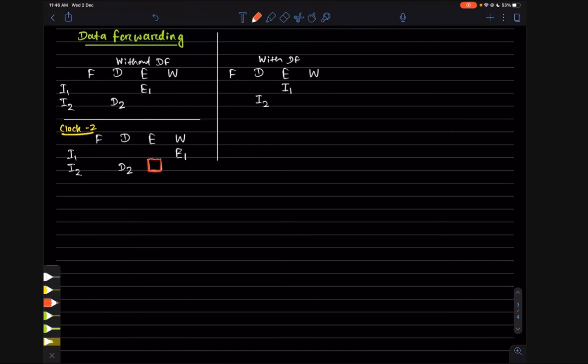But what data forwarding says is that whenever the execution is over in this clock cycle, suppose clock cycle 1, at the end of clock cycle 1 the result is already there in the interstage buffer.